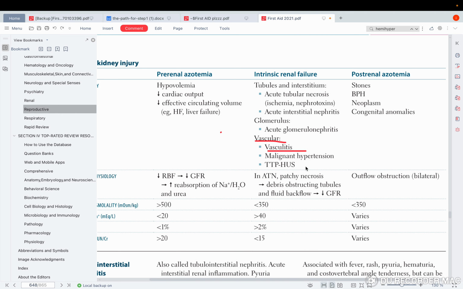Someone is going to tell me, you remember a disease called arteriosclerosis. This arteriosclerosis had two types. It has Monckeberg arteriosclerosis and arteriolosclerosis. Malignant hypertension leads to arteriolosclerosis.